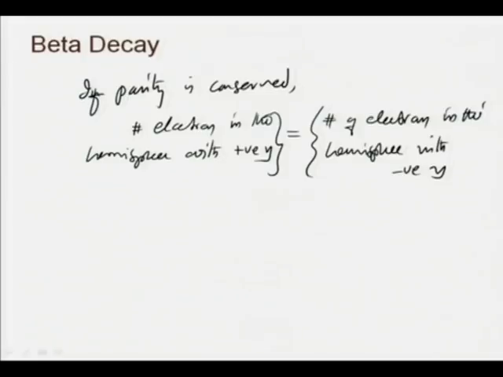This is what we expect if parity is conserved in this particular kind of setup.